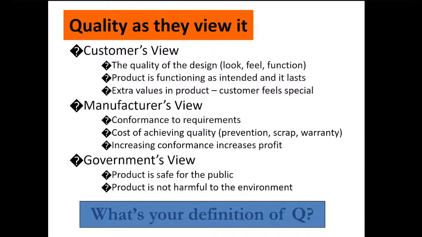So quality as we view it is a customer view, a manufacturer's view, or the government view. The customer view is about the look, feel, and functionality, or if we want the product's functions to last. So we have to add value to this.